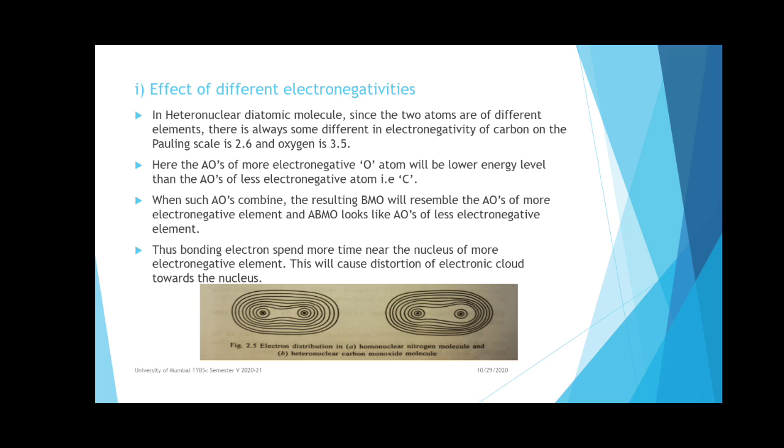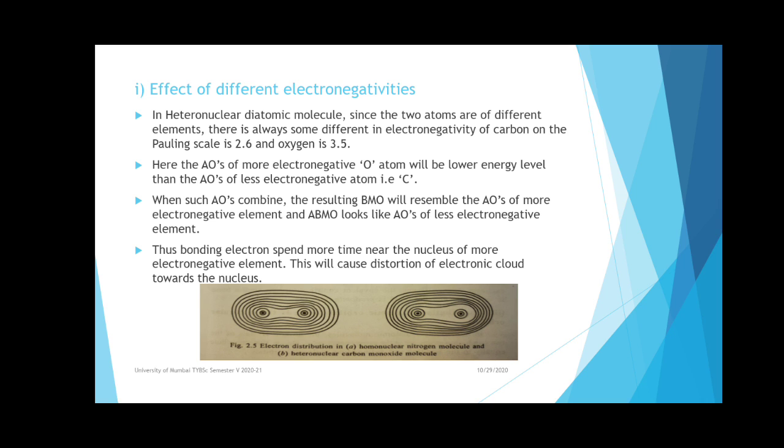So when you draw the MO diagram of such heteroatomic molecules, keep in mind that the atomic orbitals of the element whose electronegativity value is lower are shown in the upper position as compared to those of the more electronegative element. For example, oxygen has lower energy levels as compared to a less electronegative element.